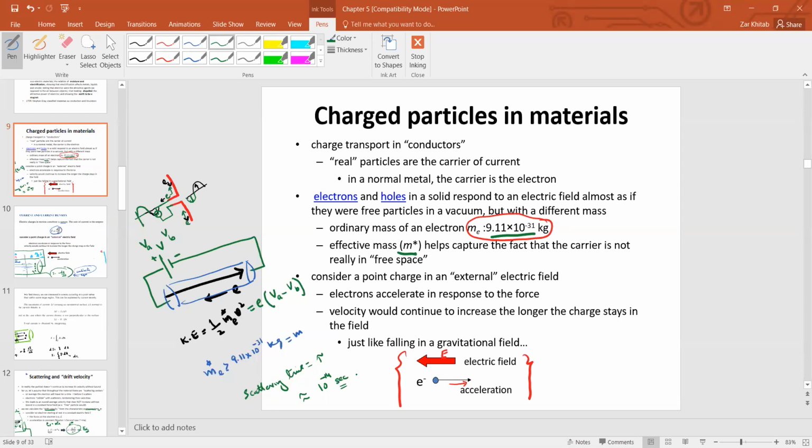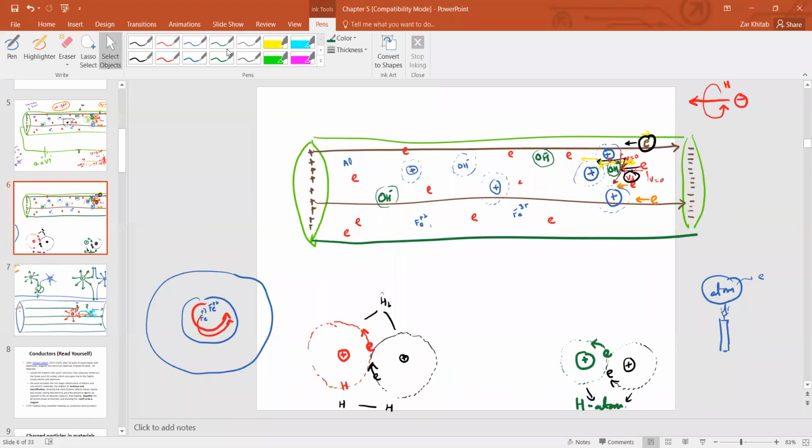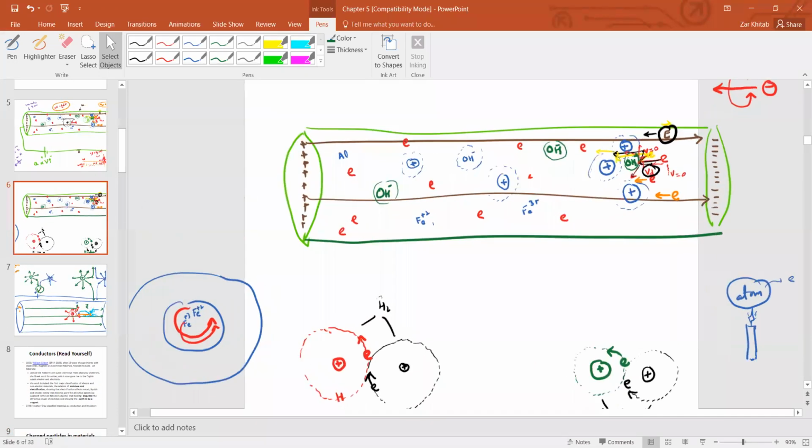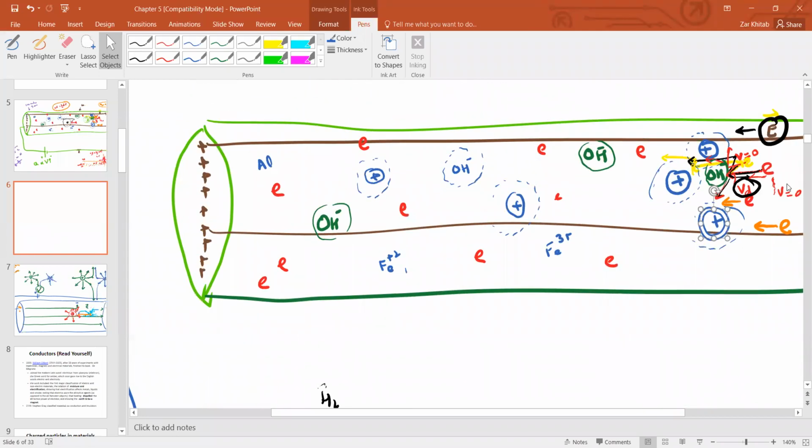But the scattering time was really going to define the drift velocity, which we explained here, right? So that was the drift velocity on which we were working. When the electron makes a collision, it scatters, it restarts its journey from zero velocity.